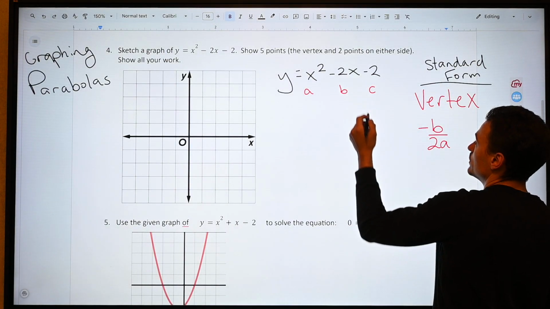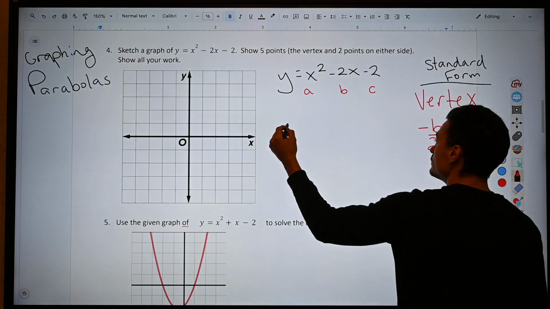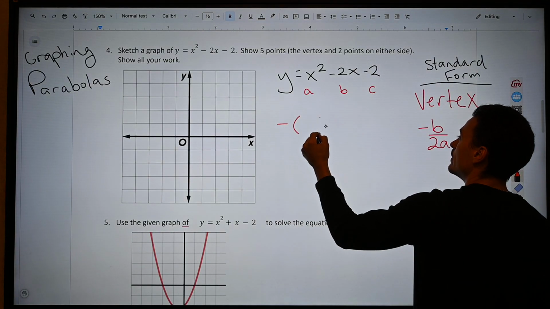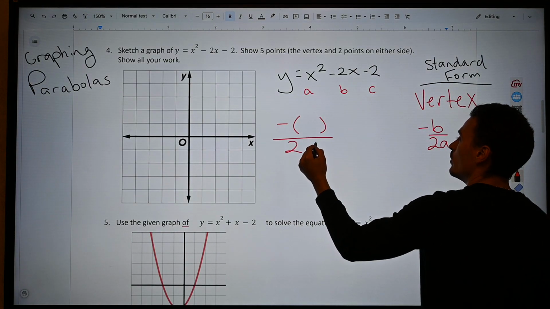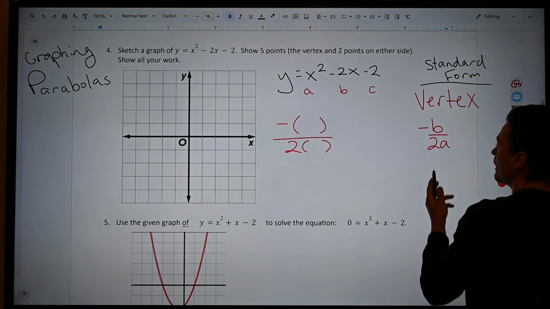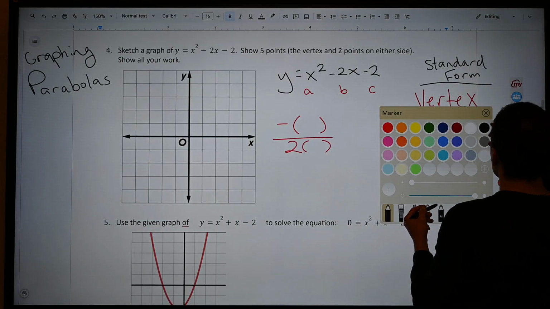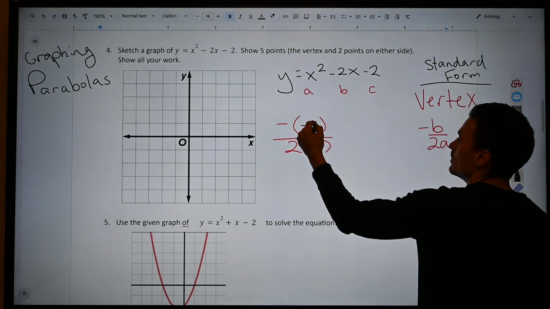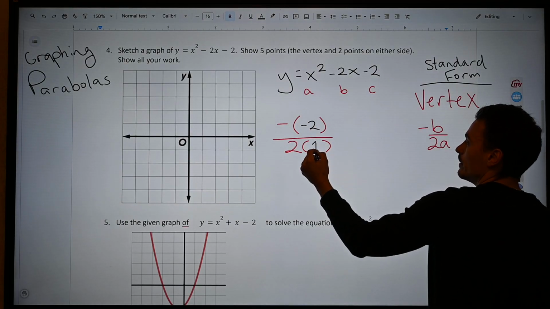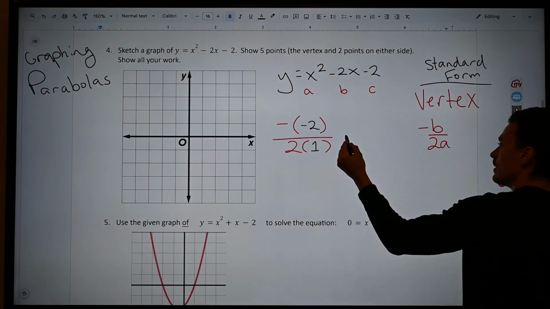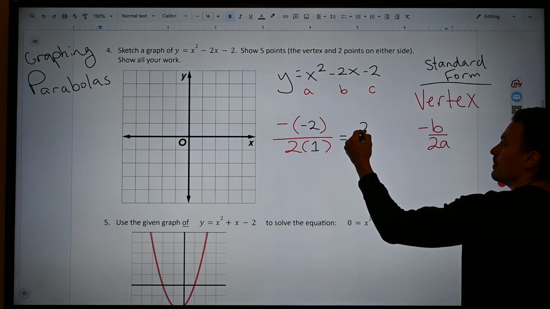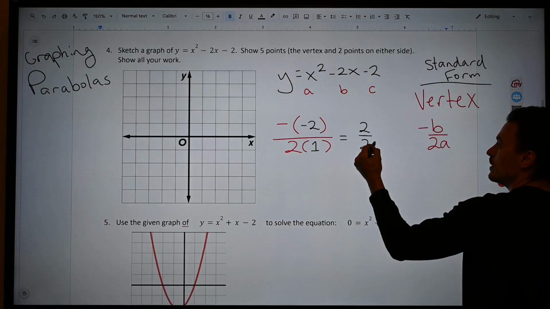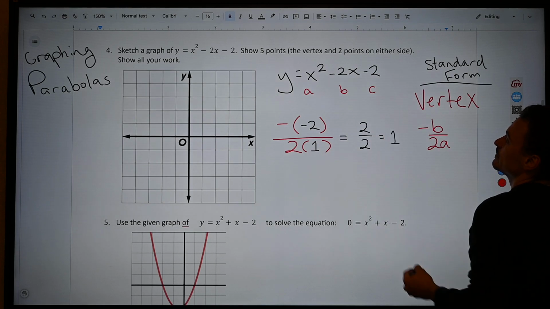So b is equal to negative 2. So we go negative b over 2a. My b is negative 2, and my a is 1. A negative and a negative makes a positive. 2 times 1 is 2. 2 over 2 is 1.